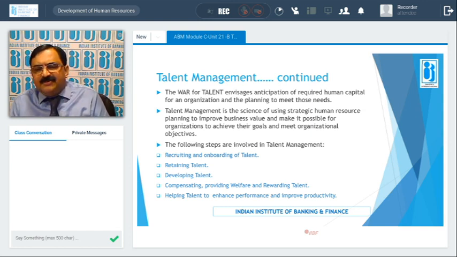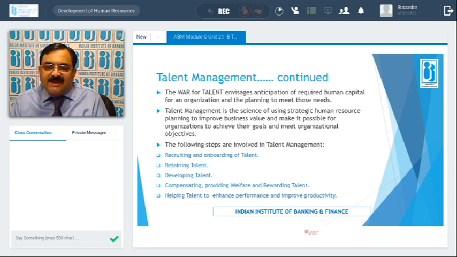And of course, as part of retaining and developing the talent, compensating, providing welfare and rewarding talent would also be an integral part of that. Compensation should be benchmarked with the best in the industry as per the practice, and we should also provide the best welfare measures so that the talent can be retained.